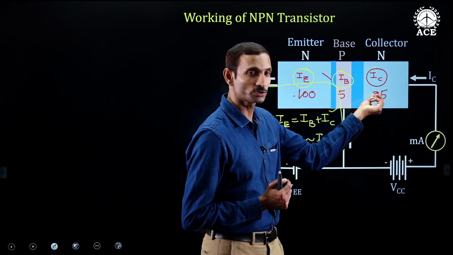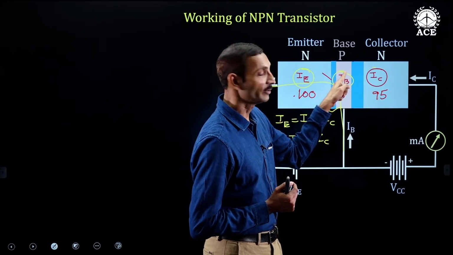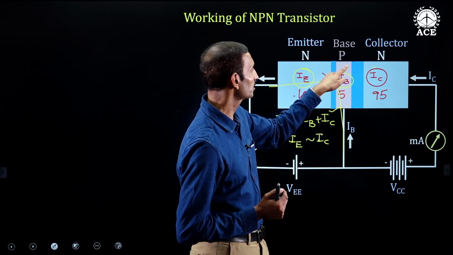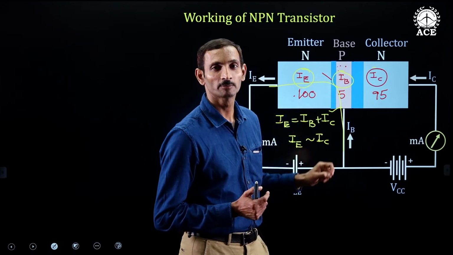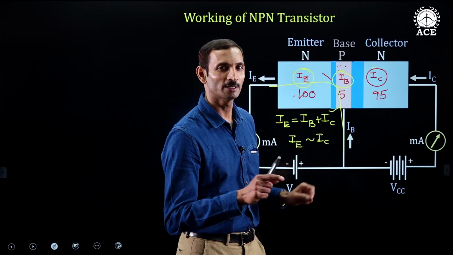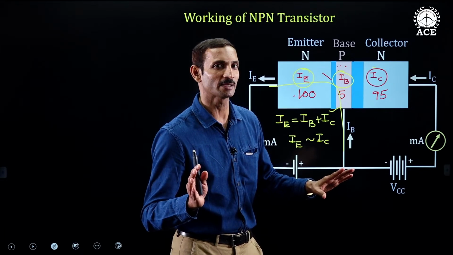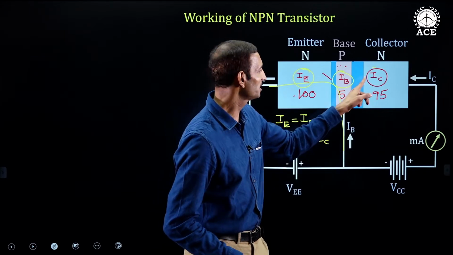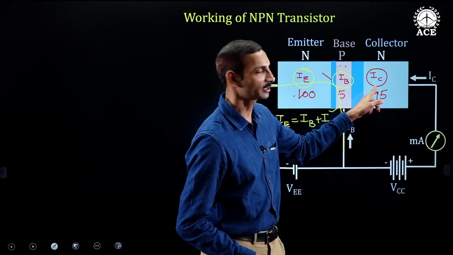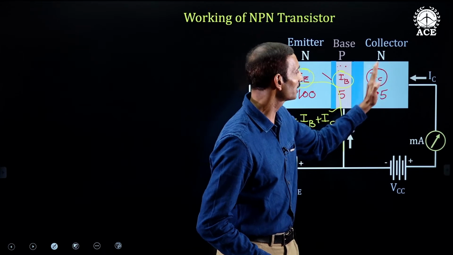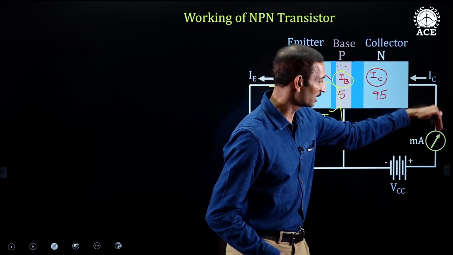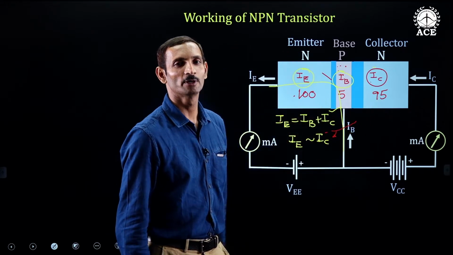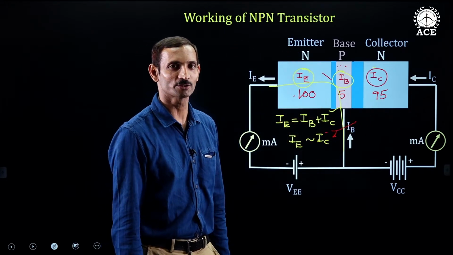The other electrons travel to the collector region even though there is a large reverse bias, because the electrons start from the p region as minority carriers, and these minority carriers can drift through the junction during reverse bias. Once they reach the collector, they flow with other electrons in this region as collector current. Understood? So this is the speciality of the three-terminal device, what we call a transistor.